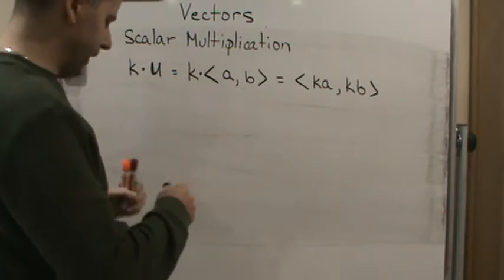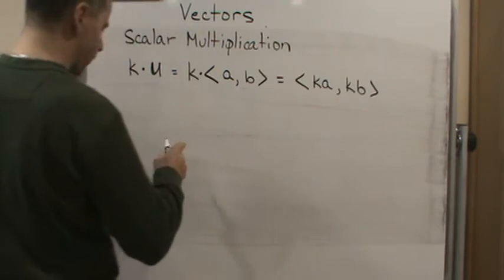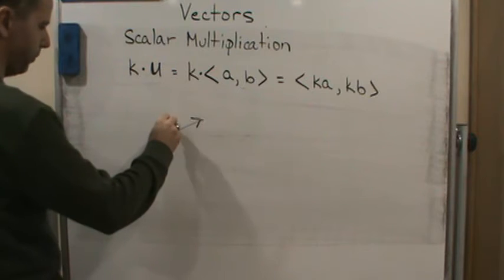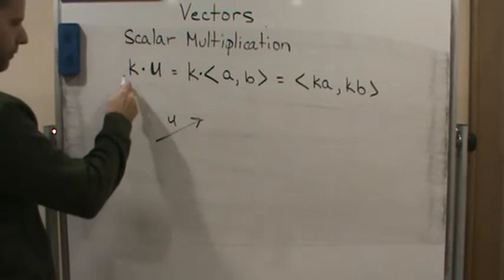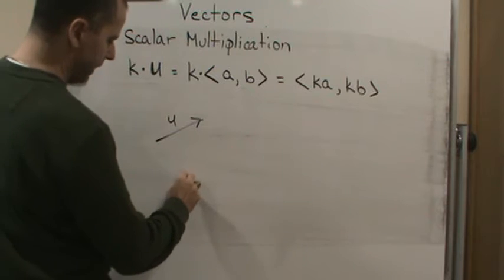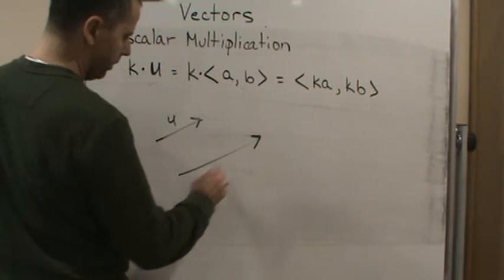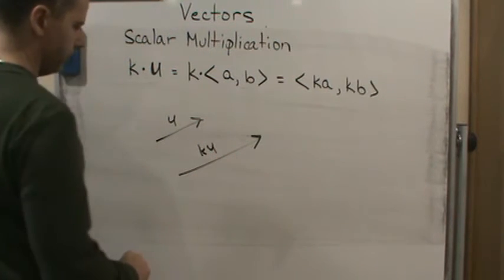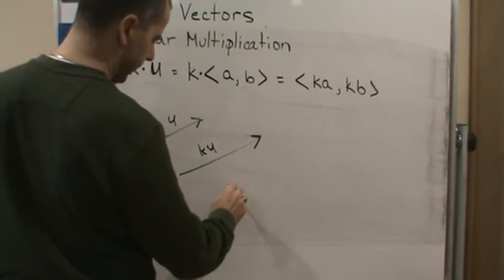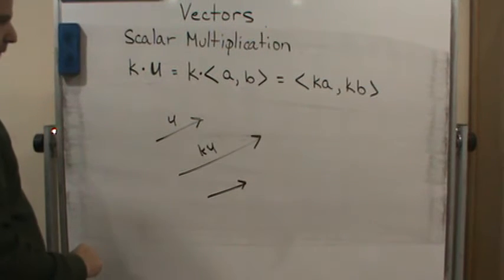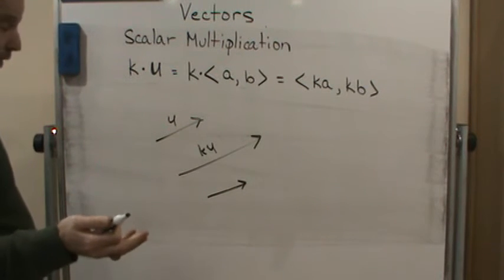So when you have, let's say, a vector u, all you're doing, if you're multiplying by some scalar, is either making the vector longer or making the vector shorter, if the scalar is less than 1.